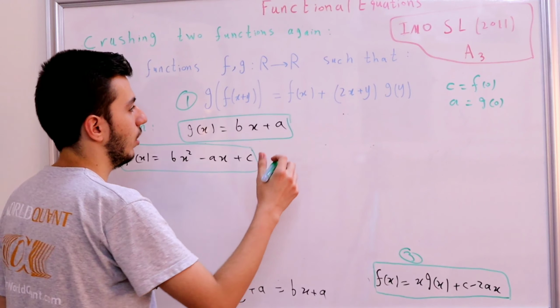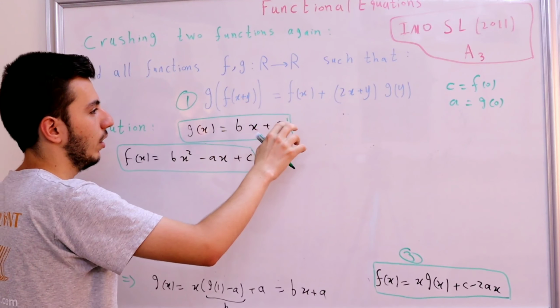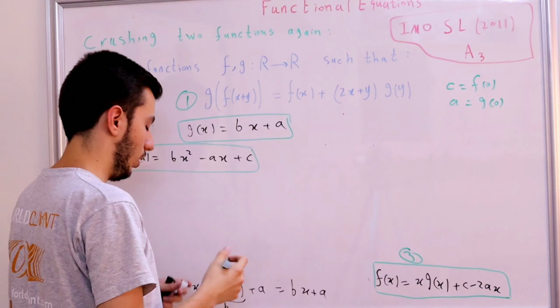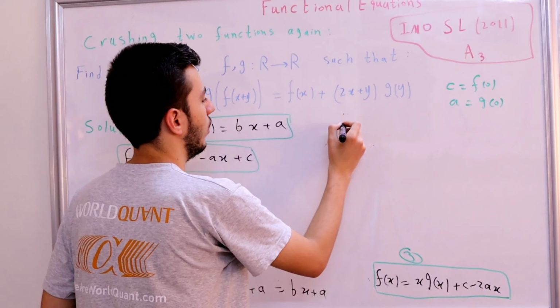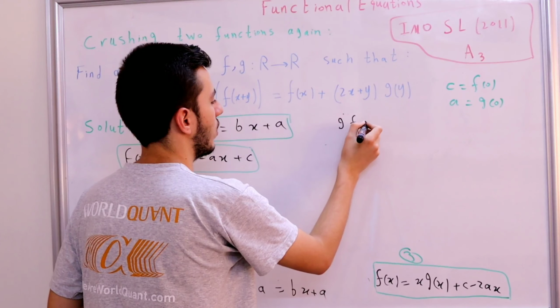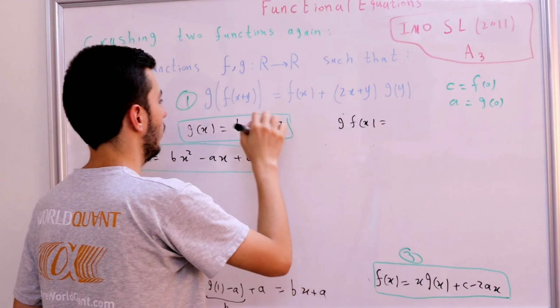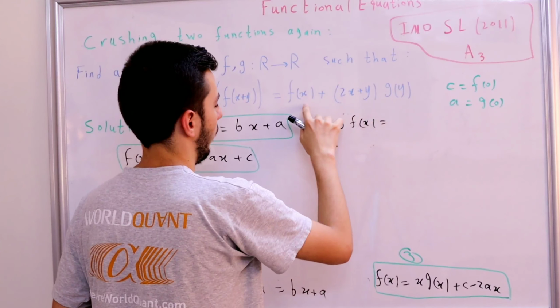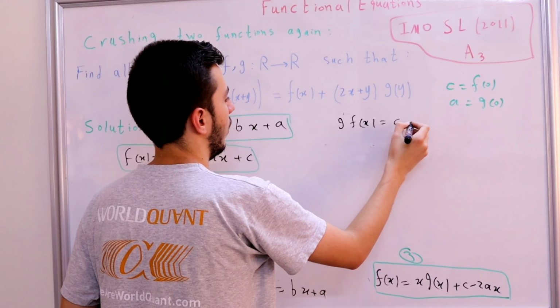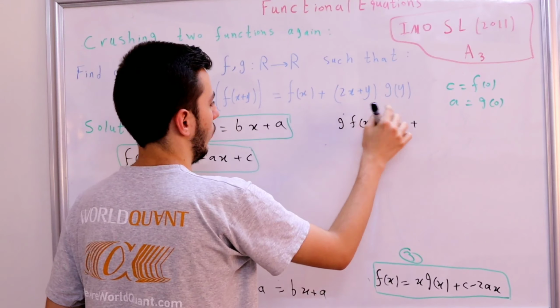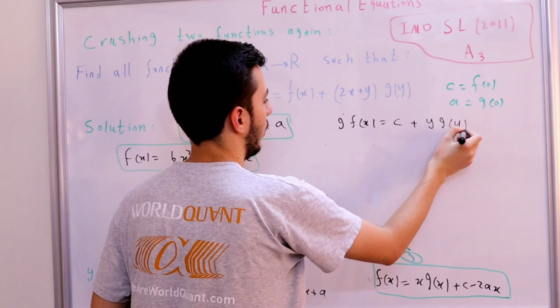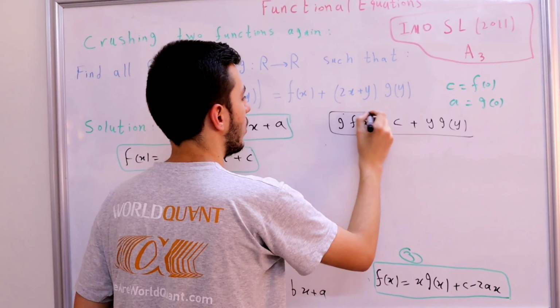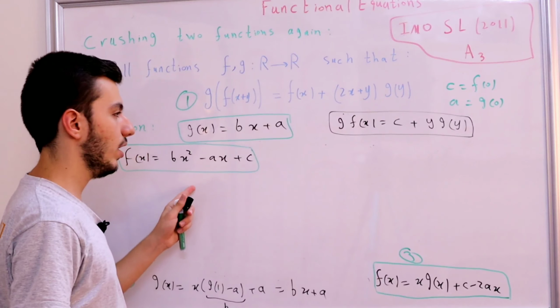I think it was when we substituted P(0, x). P(0, x) will give us, let's write it down, g(f(x)) is equal to f(0), which is c, plus y times g(y). Okay, so I'm going to be using this to get the values of a, b, and c.